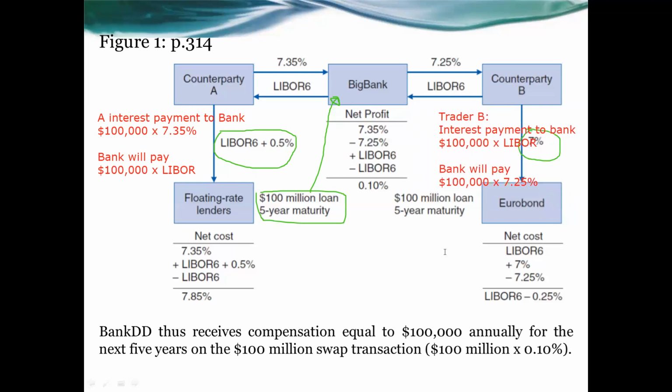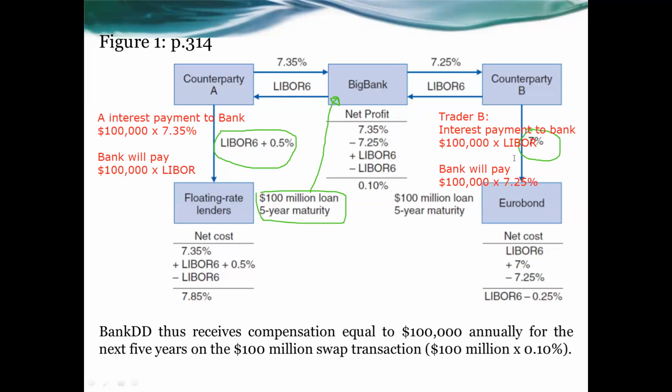Because of this 100 million borrowing, trader A and the bank make an agreement: I will pay 7.35% interest to you for this borrowing, and as a result you will pay me the investment amount into LIBOR rate as interest.